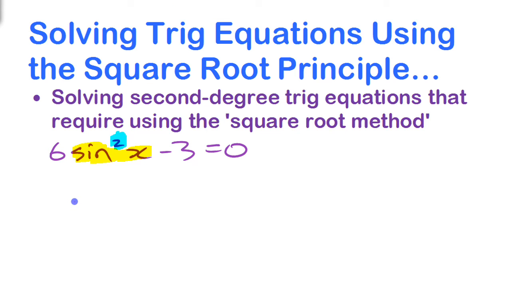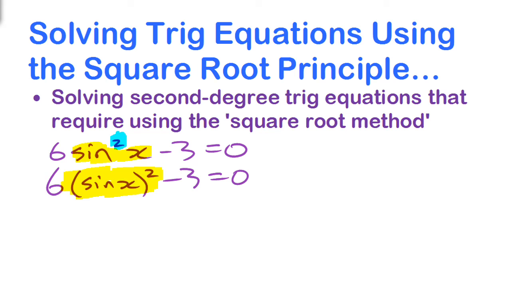Now, if you haven't seen that notation before, that squared on the trig function is sort of a mathematician's lazy way to write 6 (sine x) squared, where the trig function is squared. I'm not quite sure when the notation evolved to write this without the brackets. I think the idea is that if you write it without them, it's kind of ambiguous.